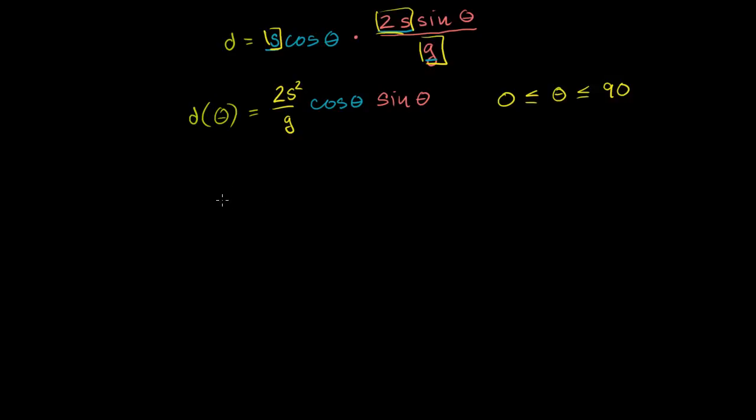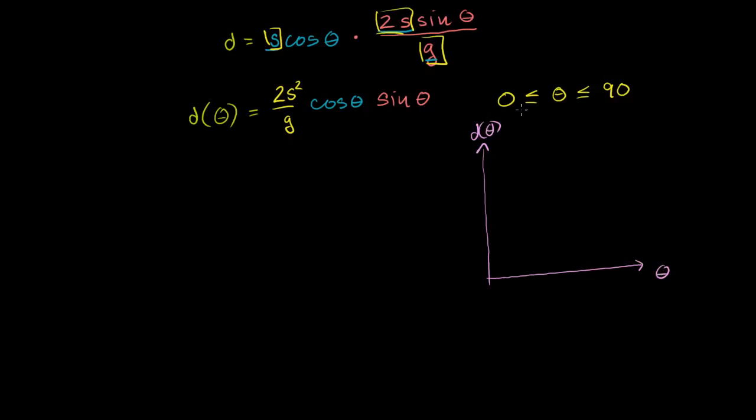And just to get an idea of what we're even conceptually doing with the calculus, remember when you take a derivative, you are finding the slope of a line, an instantaneous slope of a line. And if you were to graph this, and I encourage you to graph it on your own, maybe with a graphing calculator, it'll look something like this over the interval, where that is the distance as a function of theta axis, and then this would be our theta axis.